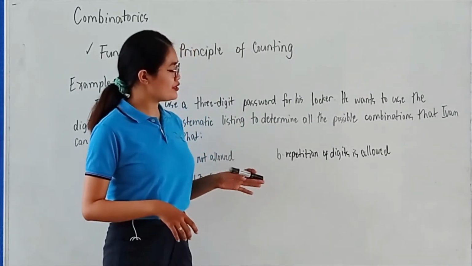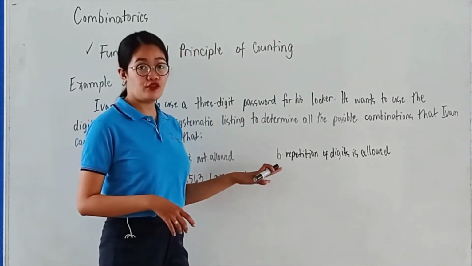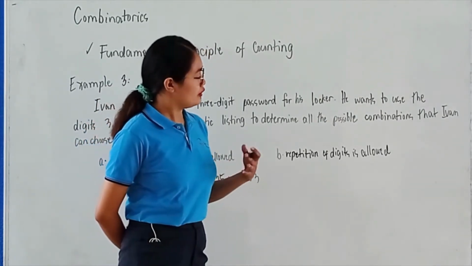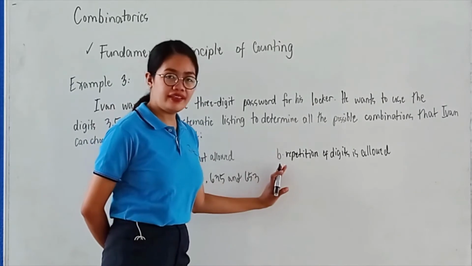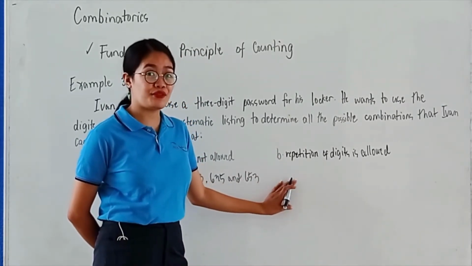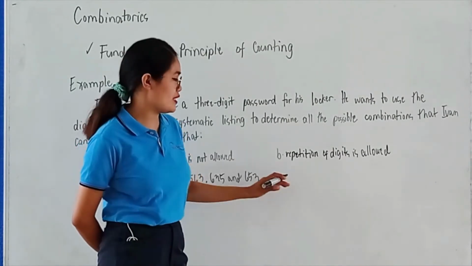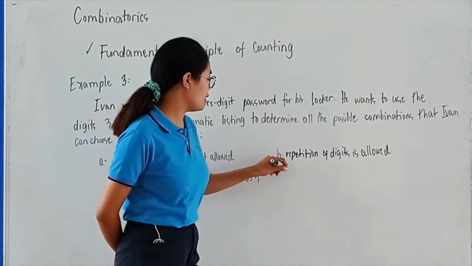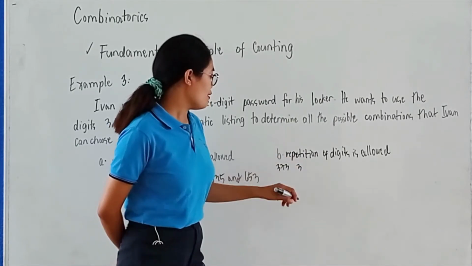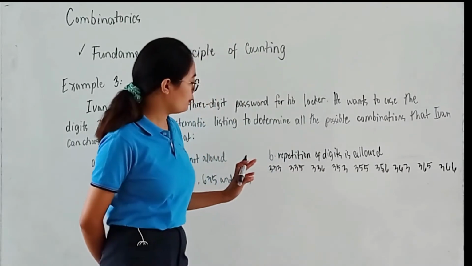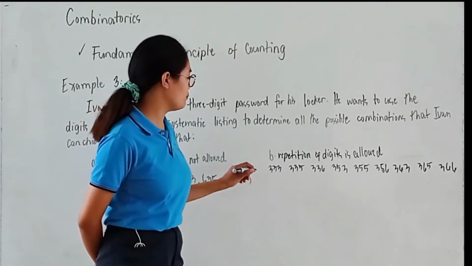Our next condition is that repetition of digits is allowed. You can list all the possible outcomes starting with 3, then with 5, and lastly with 6. Starting with 3, we have a total of 9 combinations, where the first digit is 3.